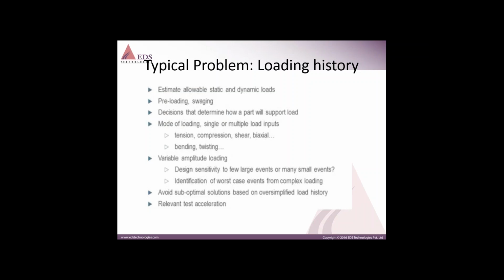Another example would be a preload on a bushing isolation, where there will be a kind of swaging effect. These types of effects can be easily simulated using FSF rubber.